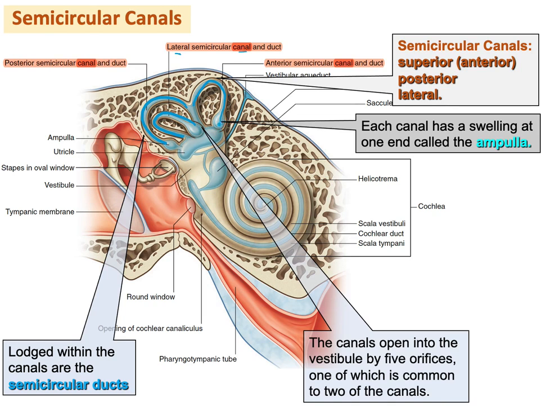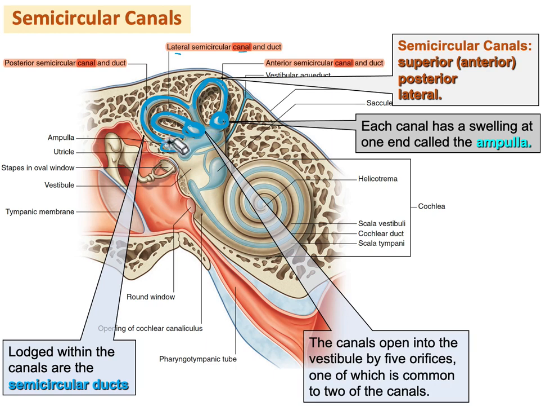Each canal has a swelling at one end called the ampulla, right? The anterior semicircular canal has just one, the posterior has just one, and the lateral has one ampulla. The canals open into the vestibule by 5 orifices.